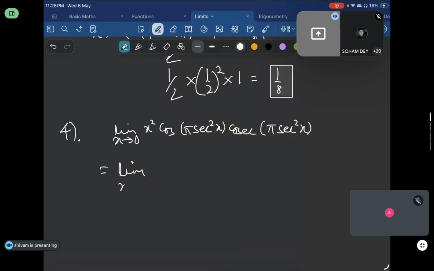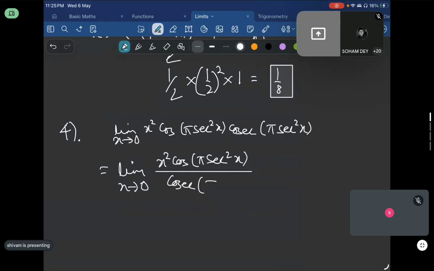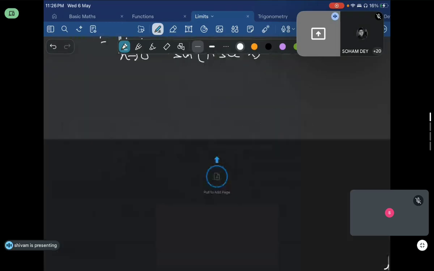This will become limit x tends to 0, x square into cos of pi sec square x divided by sine of pi sec square x. Next, everyone pay attention.